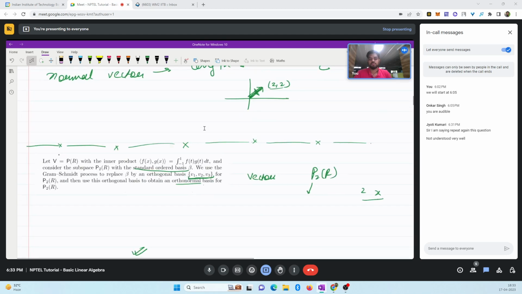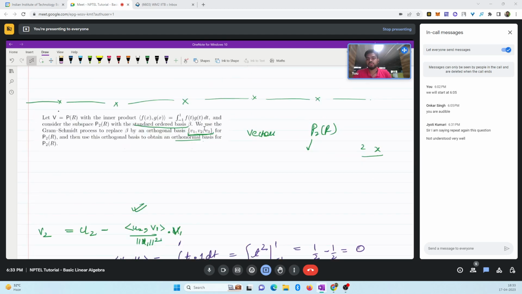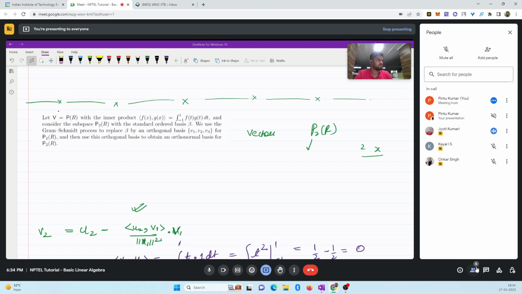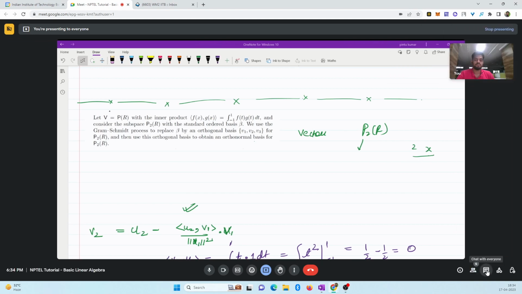तो चलते हैं उसी क्वेश्चन पे। ठीक है, अब इस क्वेश्चन में क्या था, एक बार क्वेश्चन पढ़ो। Let V equal to P2 over R with the inner product f of x, g of x equal to integration from -1 to 1 f of t g of t dt, and consider the space P2 over R with the standard ordered basis beta.